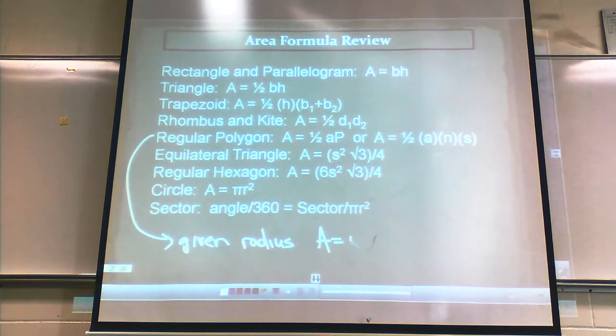Area is the number of sides times 1/2 ab sine theta. That was that other formula. Remember, that was the other formula for a triangle we did. That was only if we had the radius. Essentially, we find the area of the one triangle and then multiply it by the number of sides.